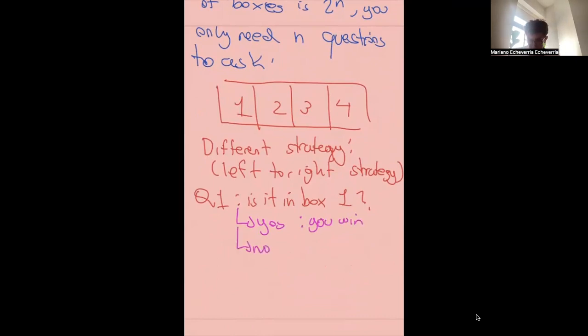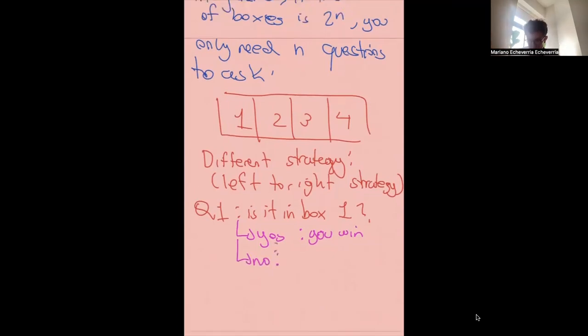If no, then you move one step to the right, and ask the same question for box 2. So now I'm in box 2. If the ball is in box 2, I'm happy. If it's not, then I have to move to the third box and ask the same. Is that making sense?